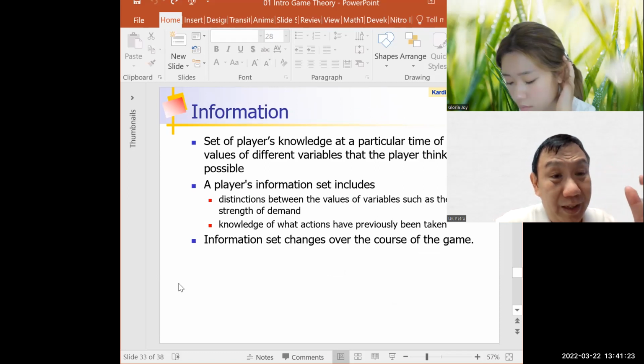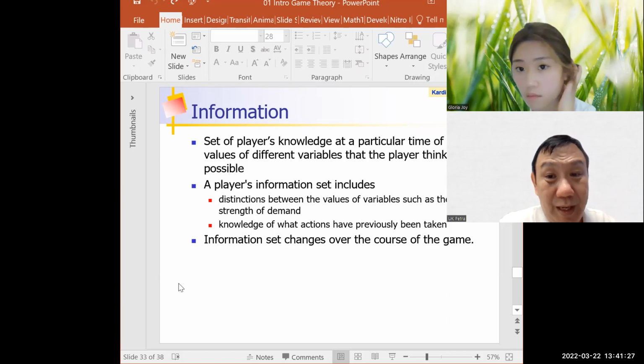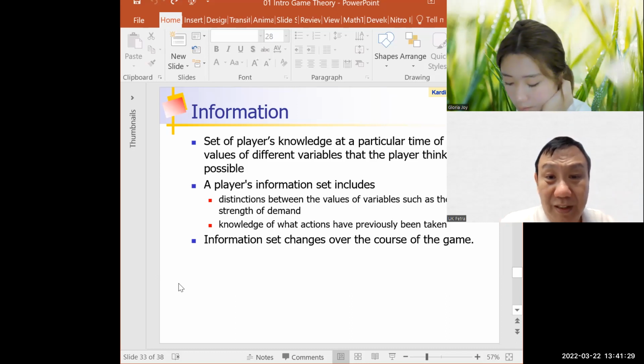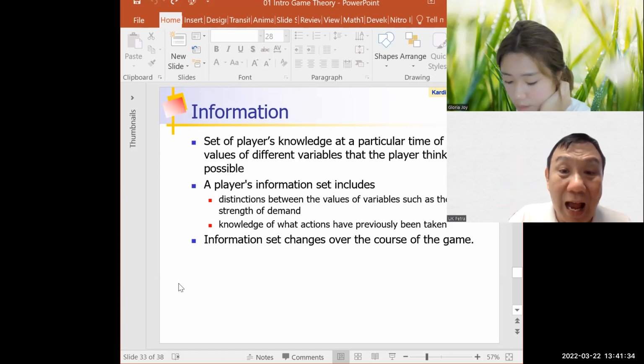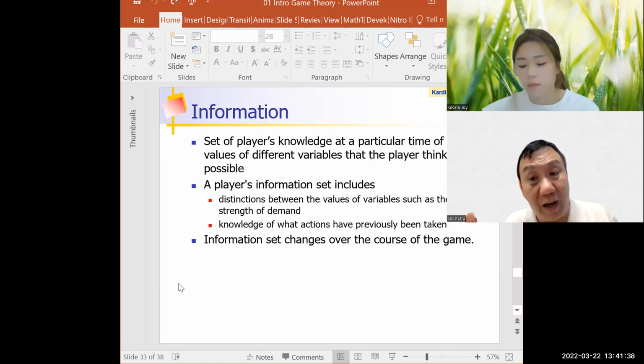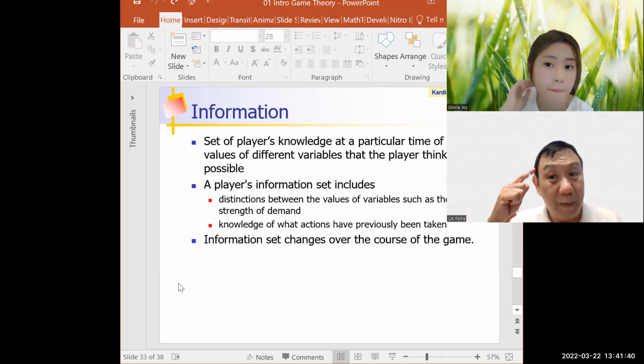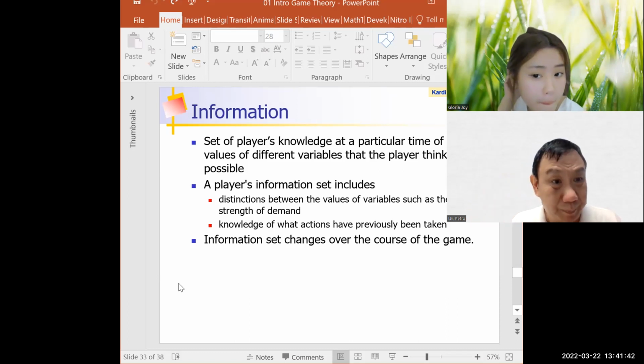The fourth component of game theory is information. So what is this? It is the set of player knowledge at a particular time, of the values of different variables that the player thinks are possible.